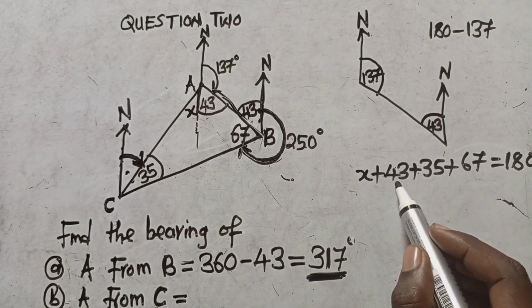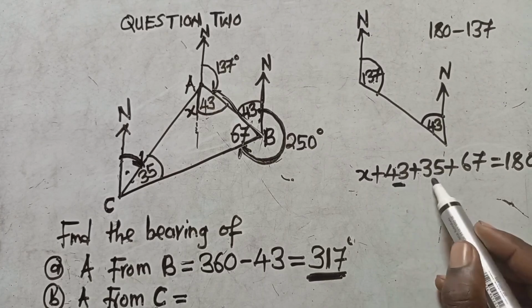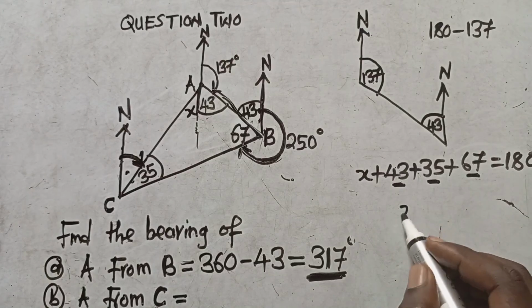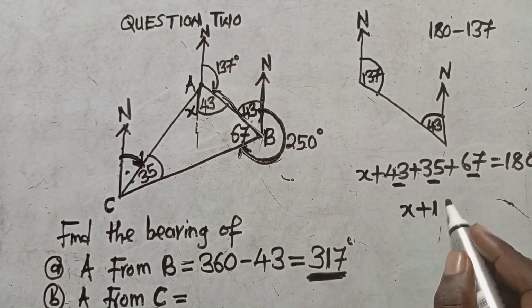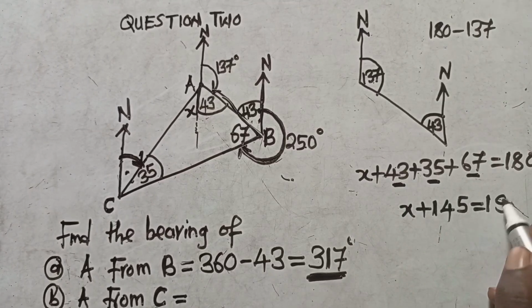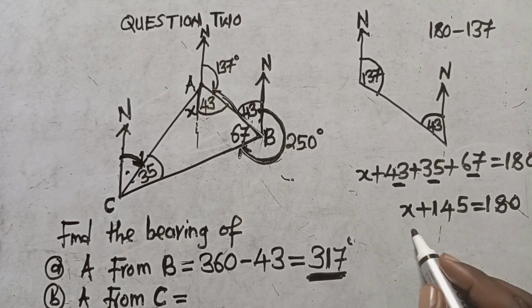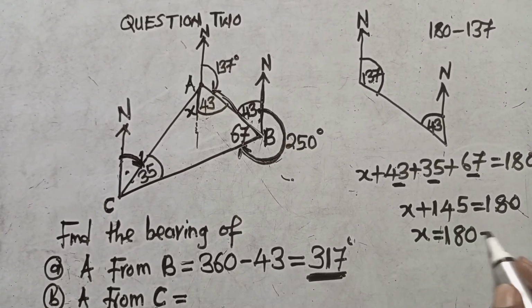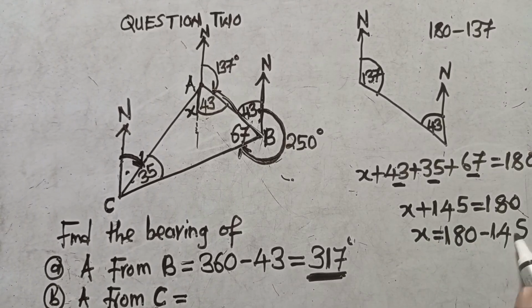So what we are doing is that we are adding 43 plus 35 plus 67. I'm going to get, so x plus, I'm going to get 145. Which is equal to 180. Then I solve for x is equal to 180 minus 145. So what answer am I getting there?